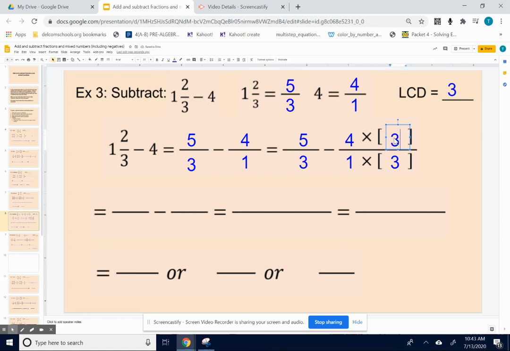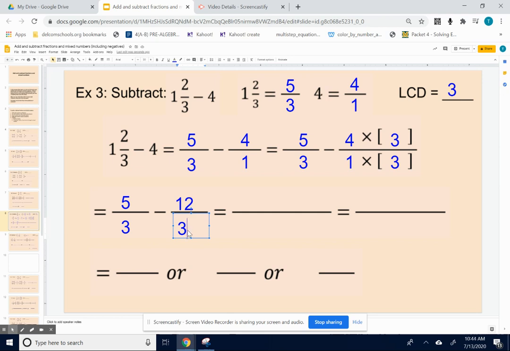So we need to take 4 over 1 times 3 over 3. Okay, let's rewrite the problem. We had 5/3 as the first fraction, minus 4 times 3 over 1 times 3, which would be 12 over 3. So we have 5 over 3 minus 12 over 3.